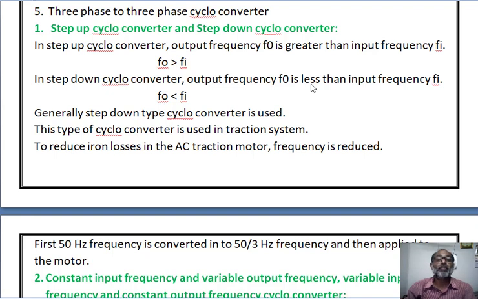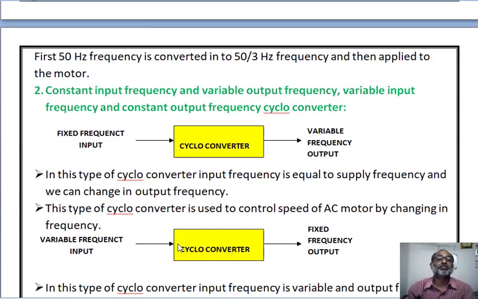If we apply a reduced frequency supply to this AC traction motor, it will reduce the losses in the motor. For example, 50 Hz frequency is converted into 50 by 3 Hz frequency by using a cycloconverter, and this reduced frequency supply is applied to the motor.